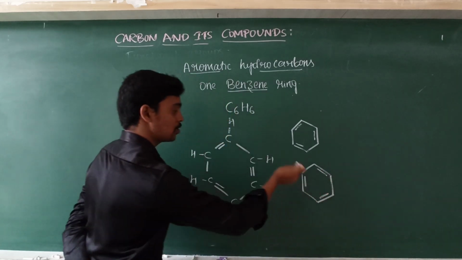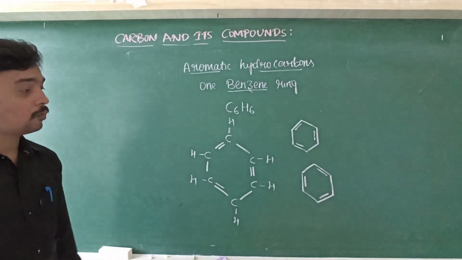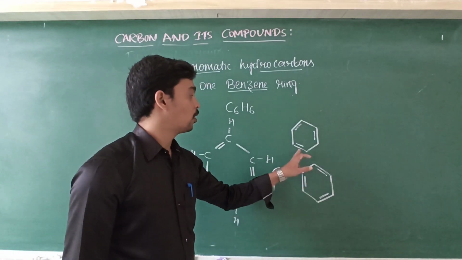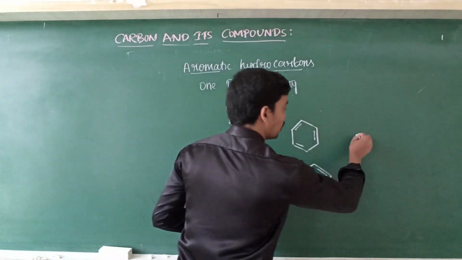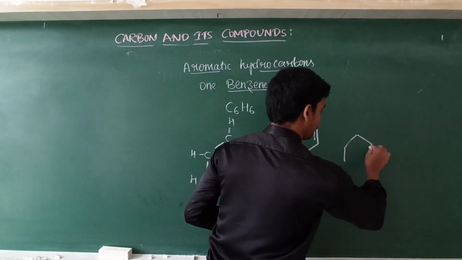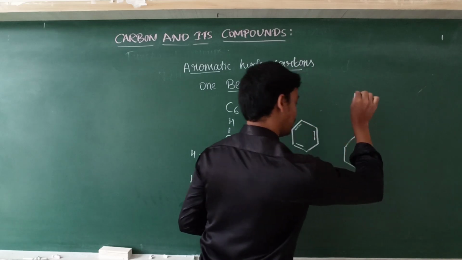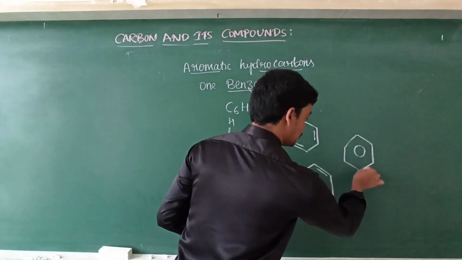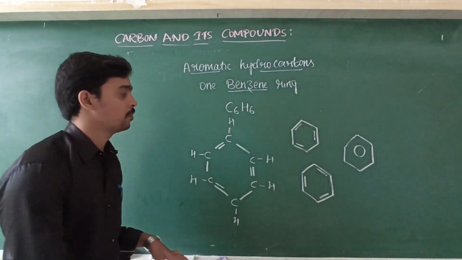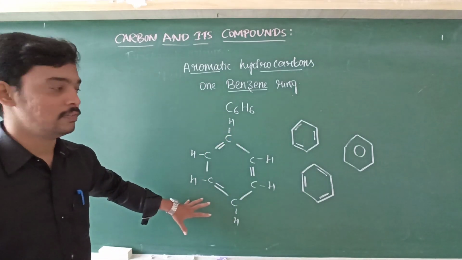This is also the structure of benzene. Otherwise, if you get confused, write a ring in the middle. This is also the structure of benzene. Okay, all these are structures of benzene.